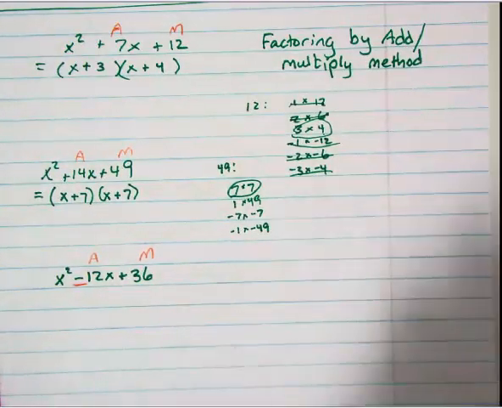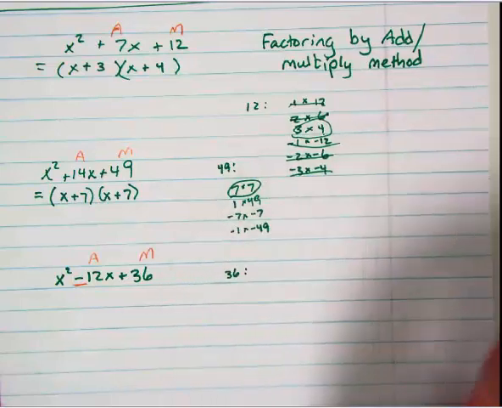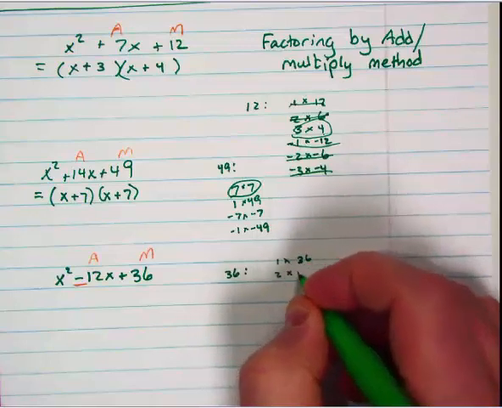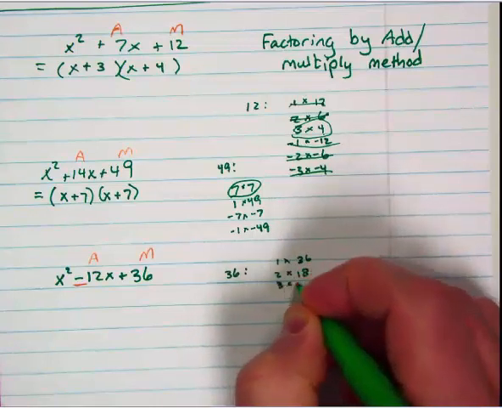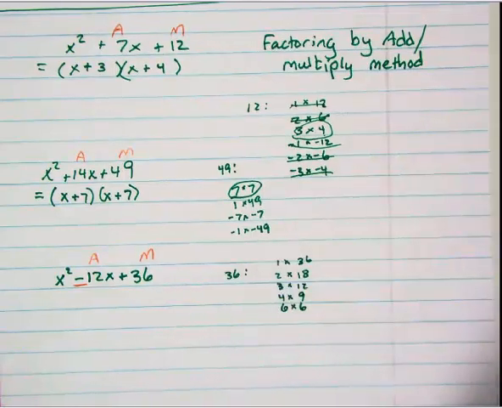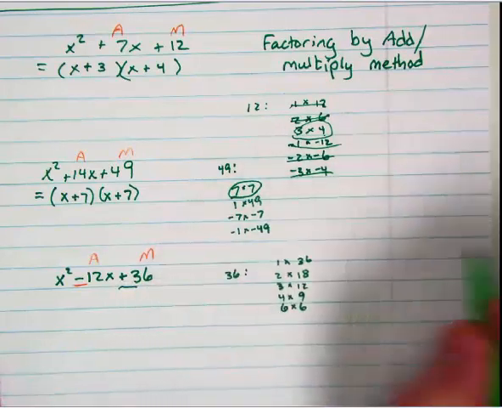So if I think about my factors of 36, I have 1 times 36, 2 times 18, 3 times 12, 4 times 9, and 6 times 6. And then I also have all the negative versions of that, because that's a positive 36.